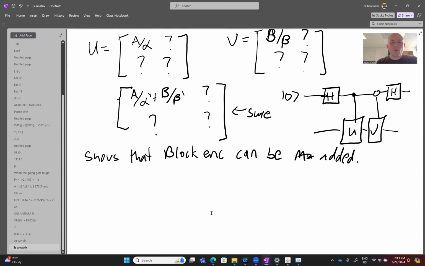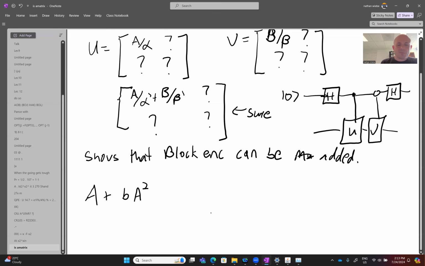In effect, imagine I wanted to build a matrix of the form A plus B A squared. What I could do is build a register that keeps track of the different powers of A that I want to do.